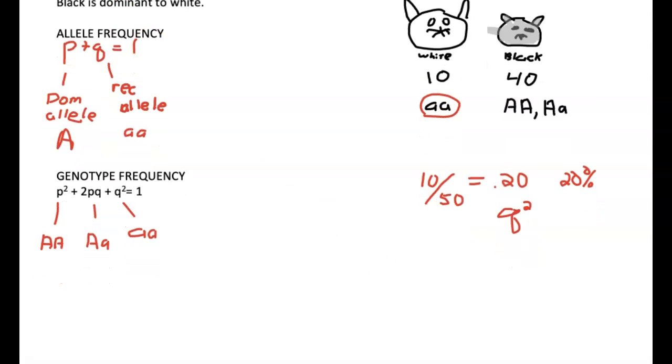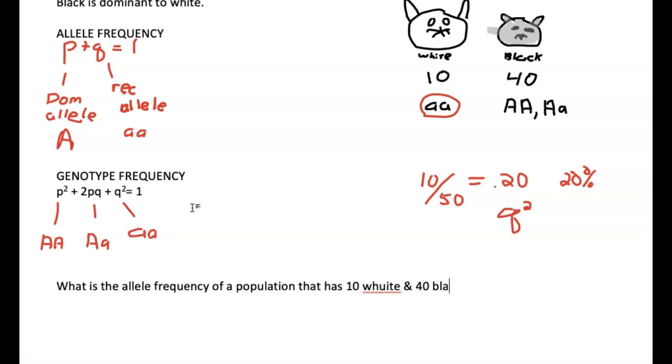So you may be asked a problem. What is the allele frequency of a population that has 10 white and 40 black cats?